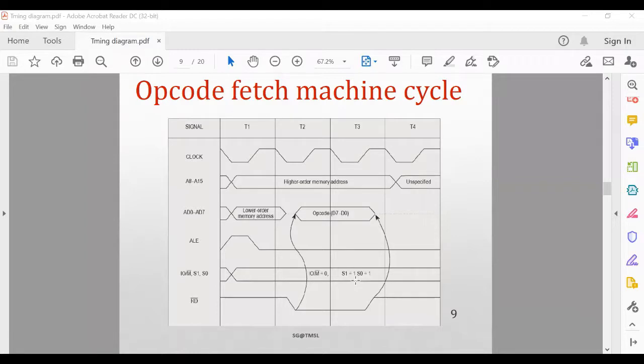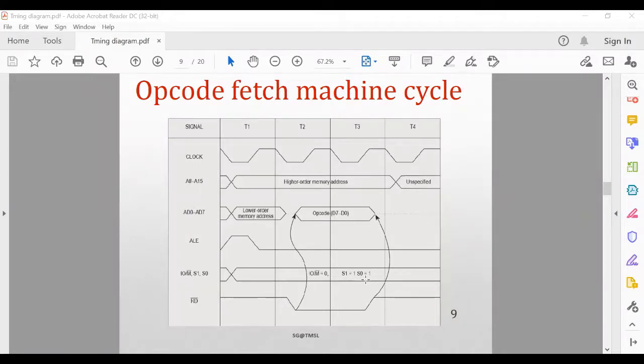Now this differentiates it from the memory read machine cycle, because not only memory read, for every machine cycle these combinations will be changed. Now every instruction has a 1 byte opcode which is stored in the memory, so every instruction execution starts with the opcode fetch machine cycle.